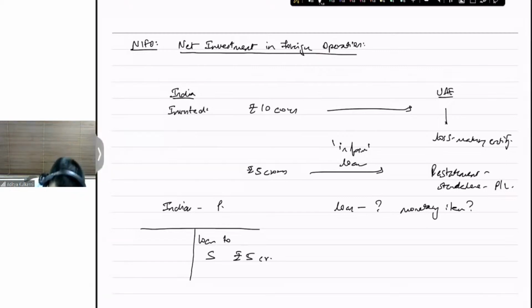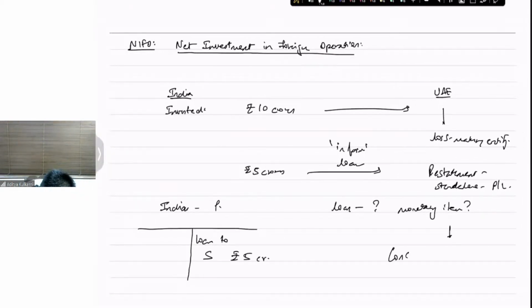Now, when I talk about consolidation, tell me, in substance, now please pay attention.